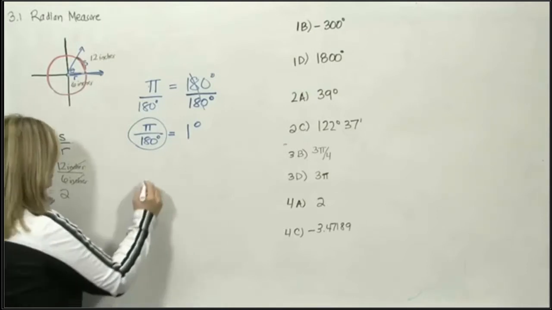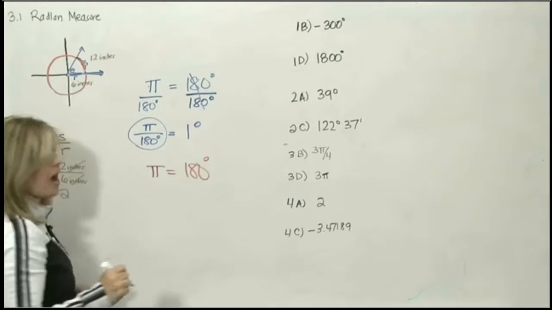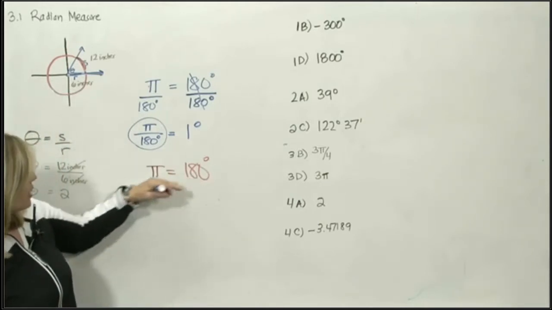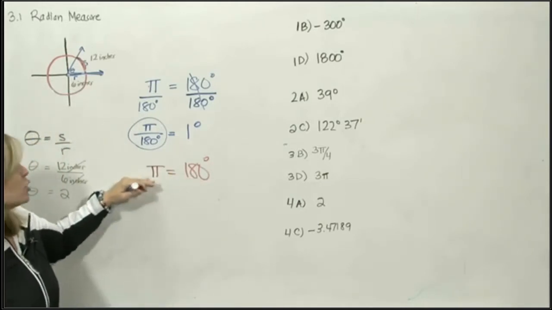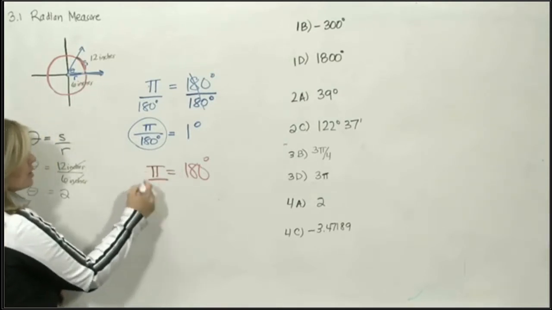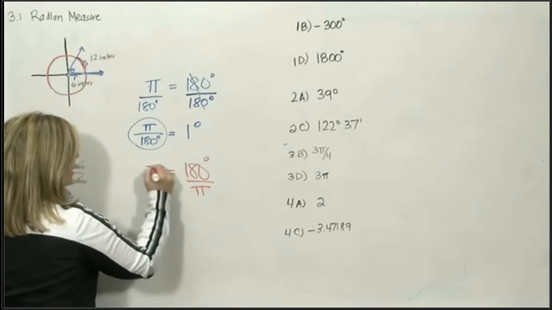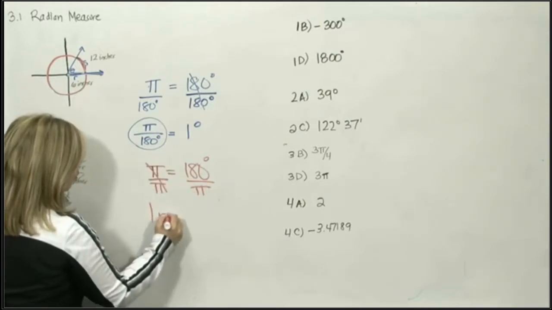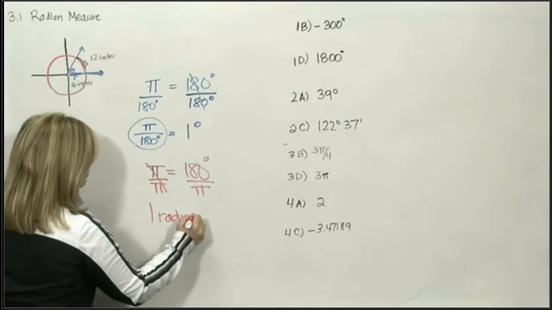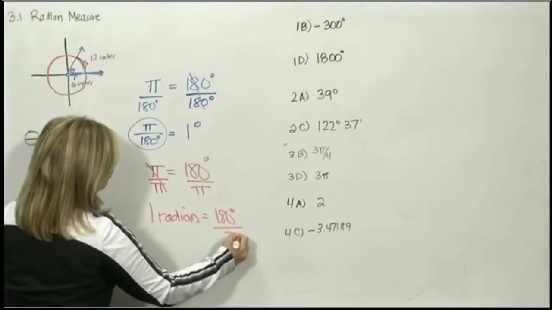Just the opposite. If I write that same rule, from our diagram we learned every 180 degrees is pi radians. Suppose I wanted to know what 1 radian was. Well, the only way to change pi into the number 1 is to divide it by itself. What I do to the left, I do to the right. That would give me 1, I'm going to write the word radian here. 1 radian is 180 degrees over pi.